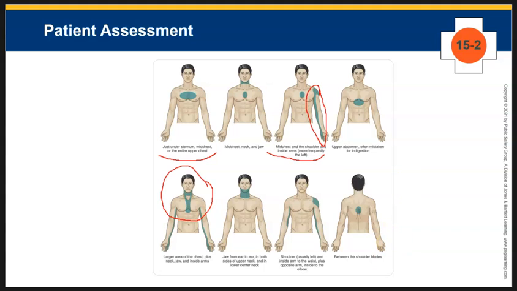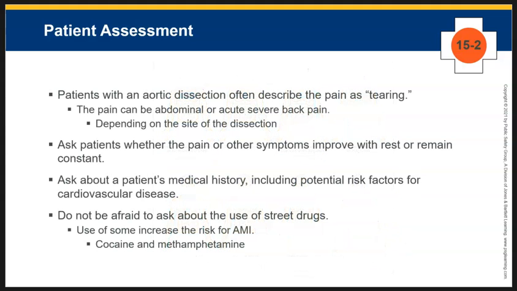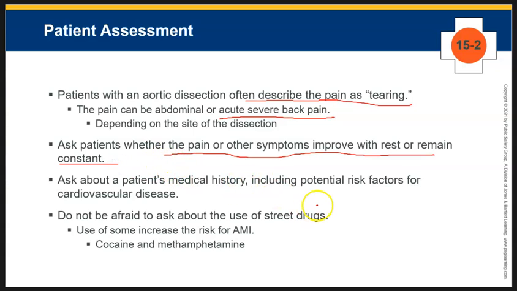Now, a unique characteristic of an aortic dissection is to describe the pain as tearing or as acute severe back pain. We want to be sure also whether the pain or symptoms improve with rest or remain constant. That's the P for palliation in OPQRST.